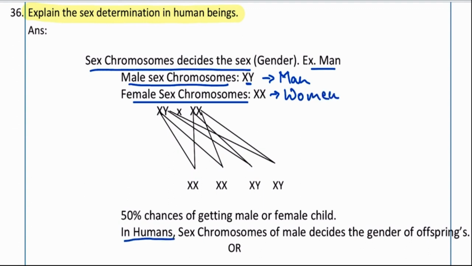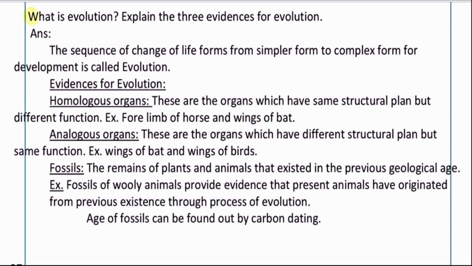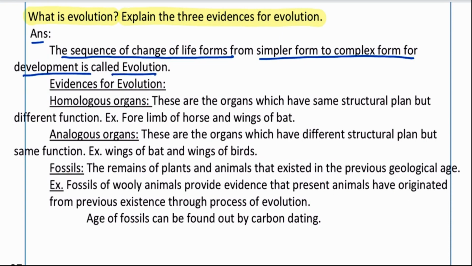In humans, sex chromosomes of male decide the gender of offspring. Or what is evolution? Explain the three evidences for evolution. Answer. The sequence of change of life forms from simpler form to complex form for development is called evolution.